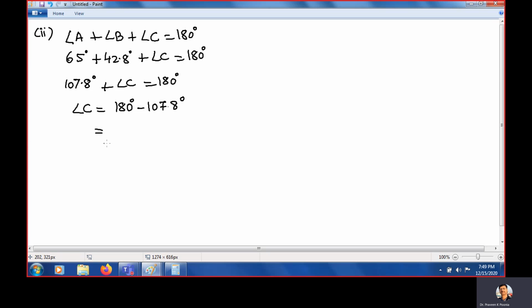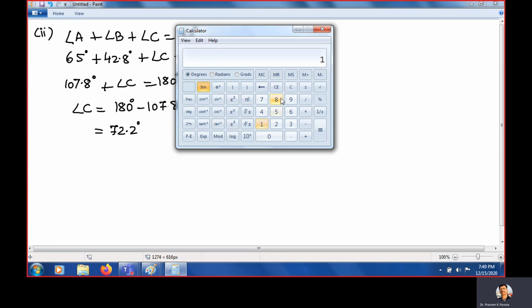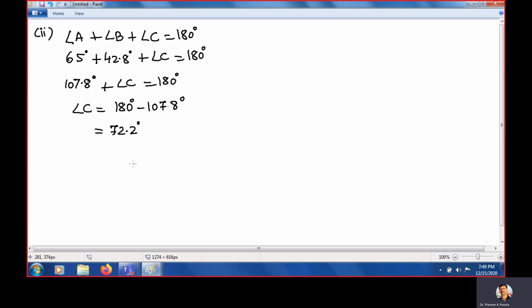And how much will it be? It will be 72.2 degrees. This is the value of angle C, or you can calculate 180 minus 107.8. How much? 72.2 degrees. This you can use.